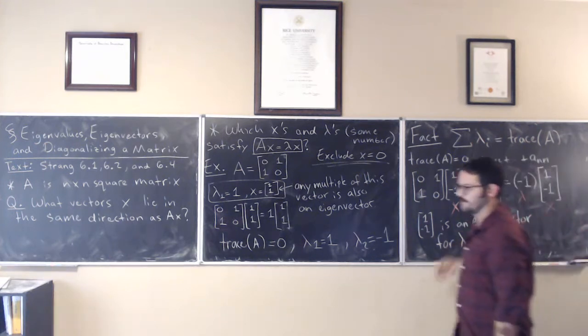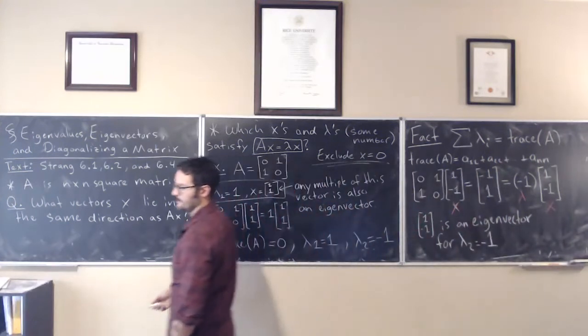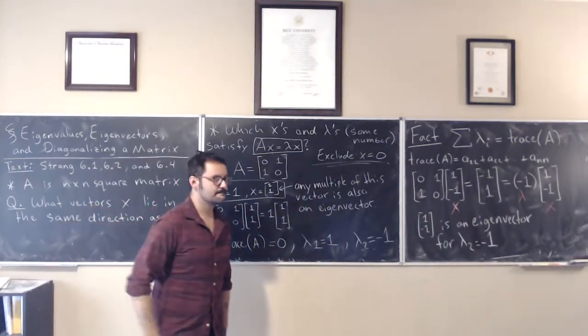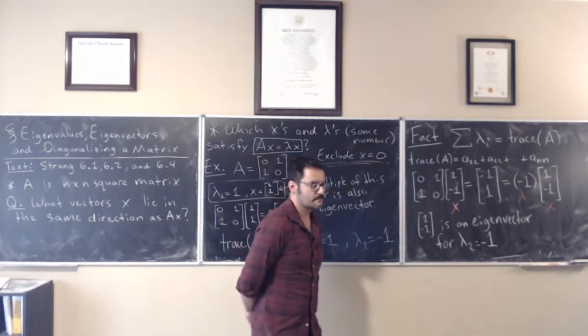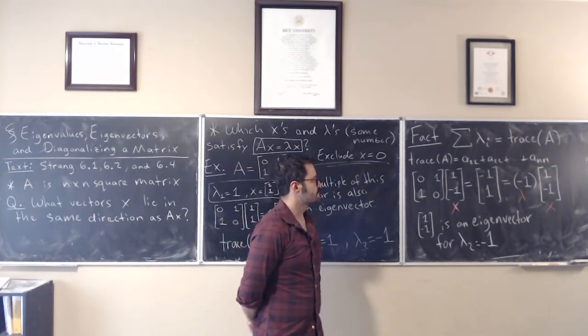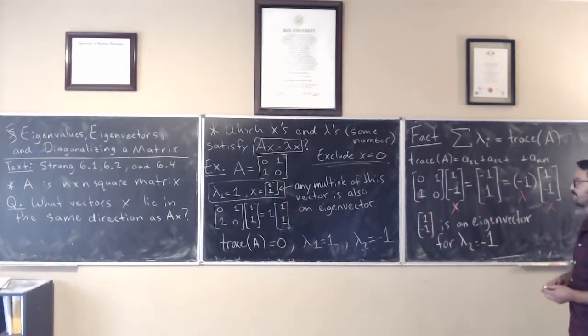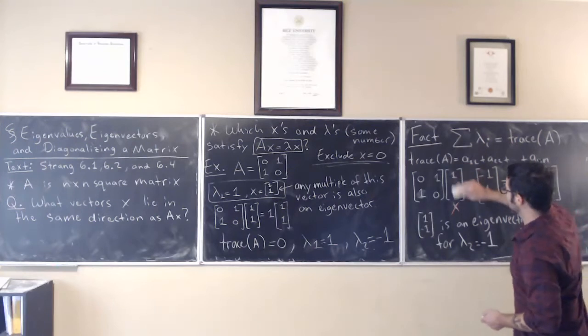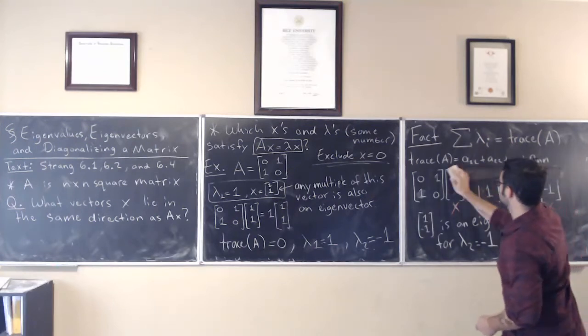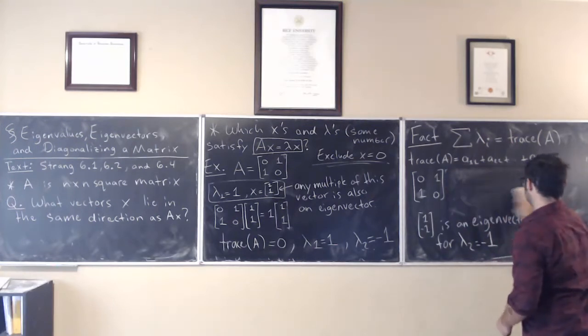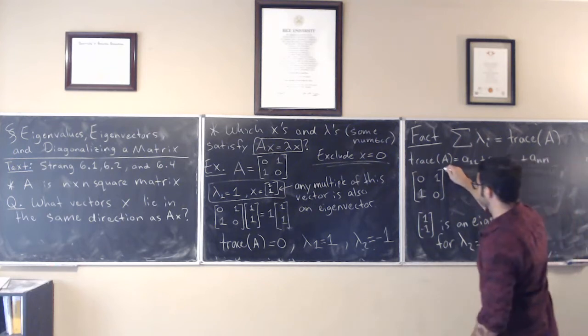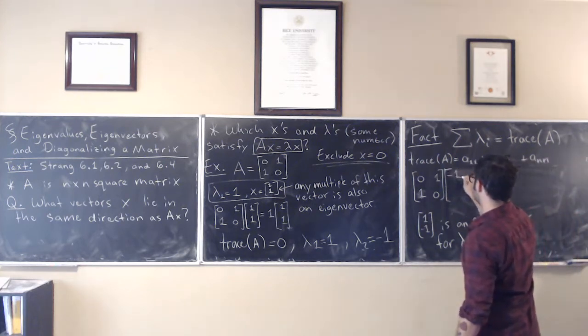Can someone give me another eigenvector corresponding to that eigenvalue? Just any multiple of it? Like, I don't know, 2, -2? Yeah, that'll work for sure. What about -1, 1?